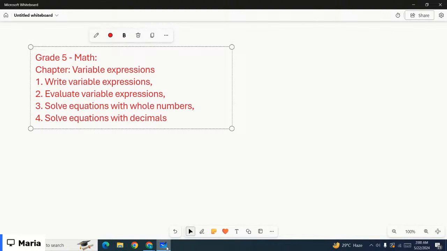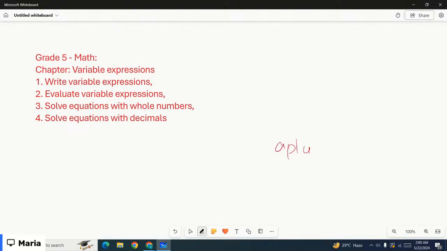You can find all the lessons on ablestudents.com. You have to log in there using your email address and password as provided by the administrator. Then you have to select math from the subject tab, scroll down to grade 5 and then click on view all lessons.